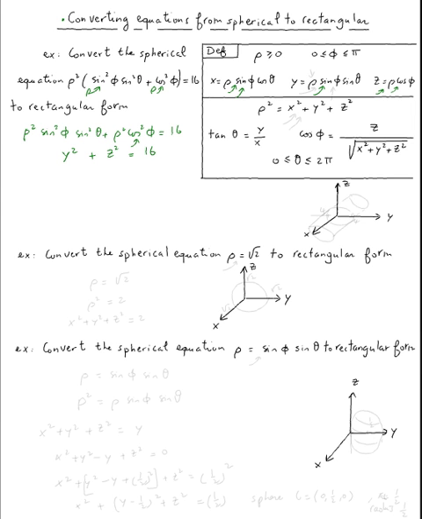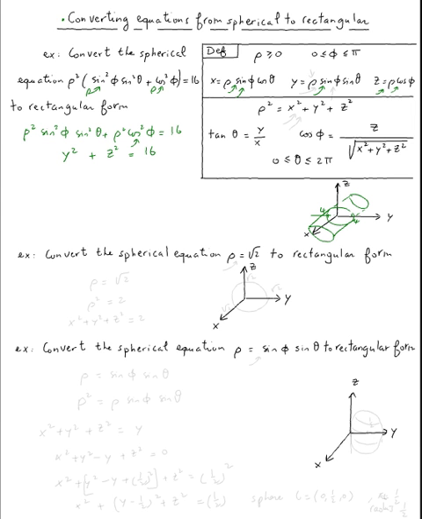Sine squared, let me make sure it's right. Yep. So y squared plus z squared equals 4. That would be a cylinder, and then x can be anything. Right, it keeps going to the other side also.